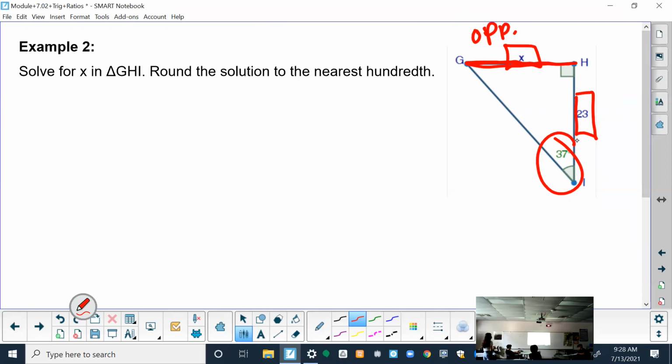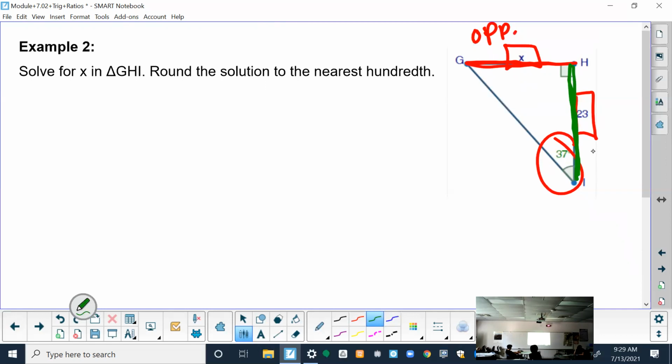The side labeled 23 will be what? It's either adjacent or hypotenuse. Which one makes more sense? Is this side my hypotenuse?